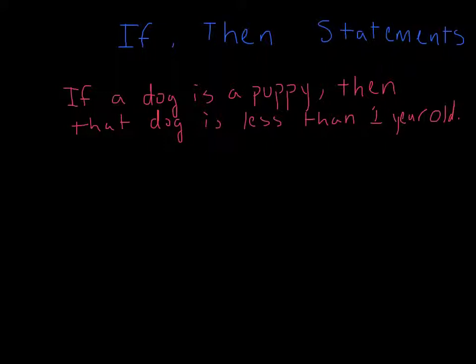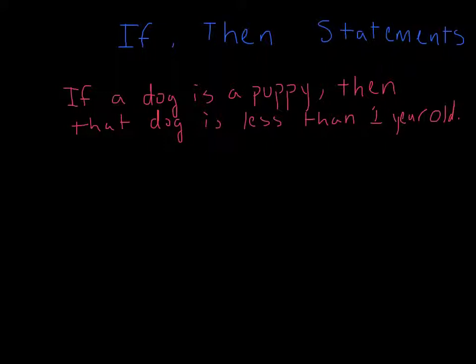So if a dog is a puppy, that's the hypothesis. Then the conclusion is what happens then: that dog is less than 1 year old. Hypothesis is the if, conclusion is the then. You think, if this thing happens, I'm going to conclude that this happens.